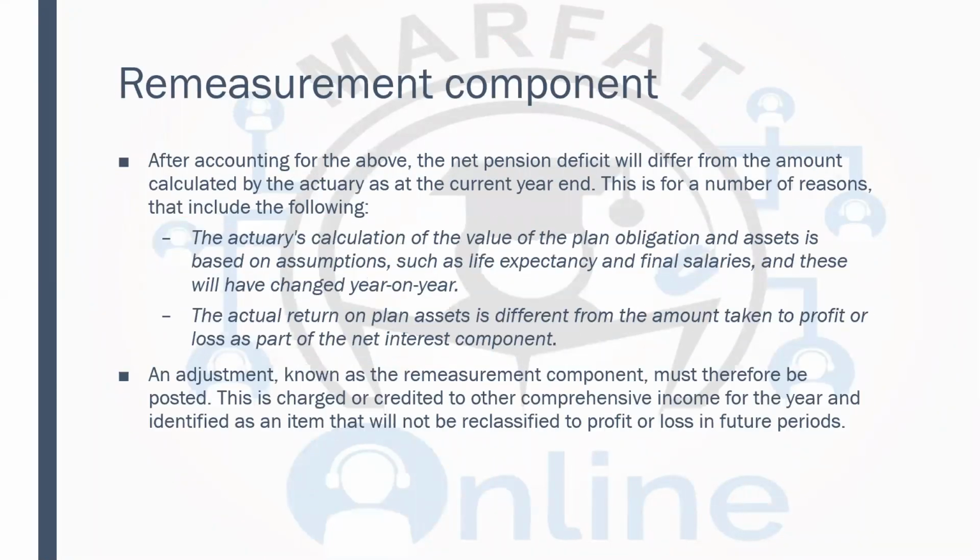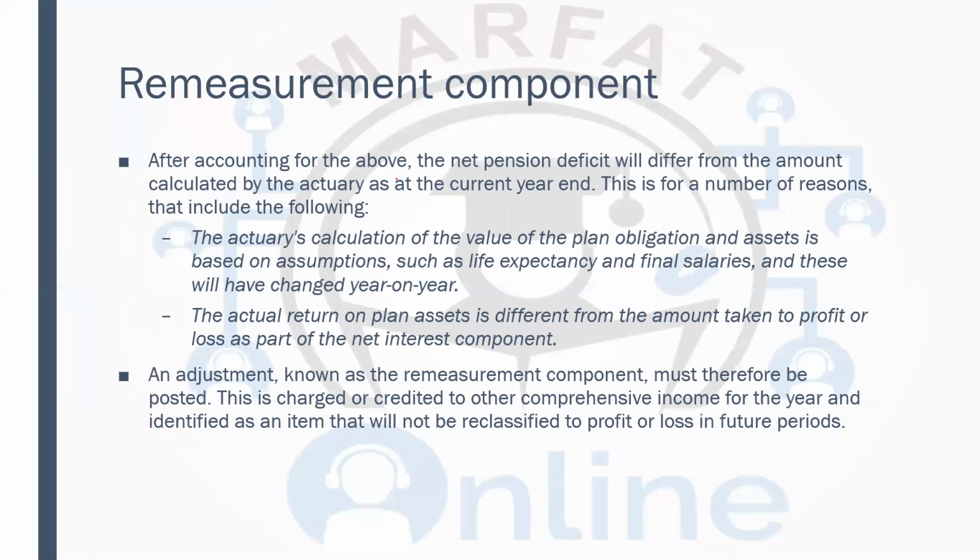Because we are taking the assumptions, and based on the assumptions, we are calculating the figures. It is possible that at the end of the day, the actual scenario is different from our assumptions. That will give rise to the gain or loss, which should be recorded as part of the other comprehensive income.